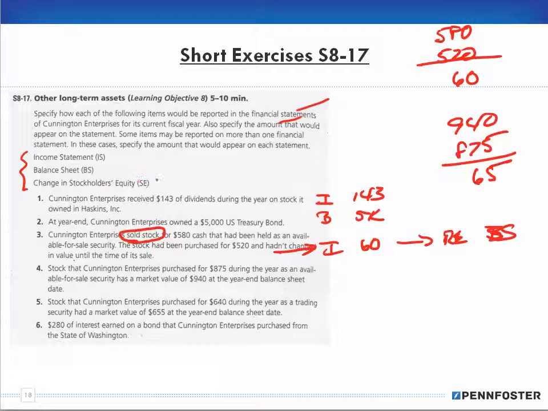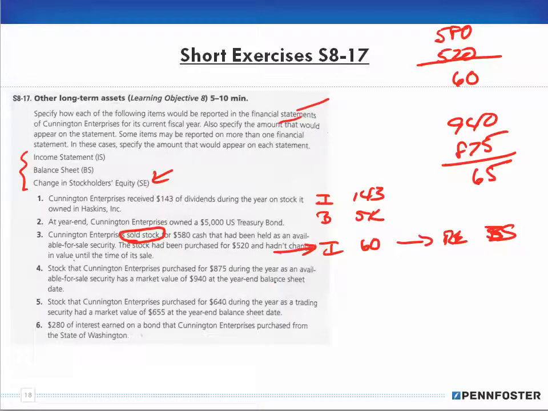But notice up here it's telling us for a change in stockholders' equity. So you're not seeing the change in stockholders' equity until you actually close it out. When they sell the stock, it affects the income statement.